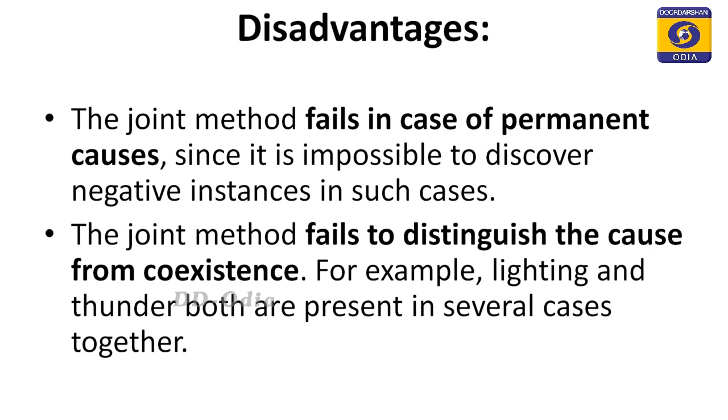Now, the second point of disadvantage is that the joint method fails to distinguish the cause from coexistence. We know that coexistence cases are such cases where two phenomena are present or occur simultaneously, and since they occur simultaneously, they will also be absent simultaneously.